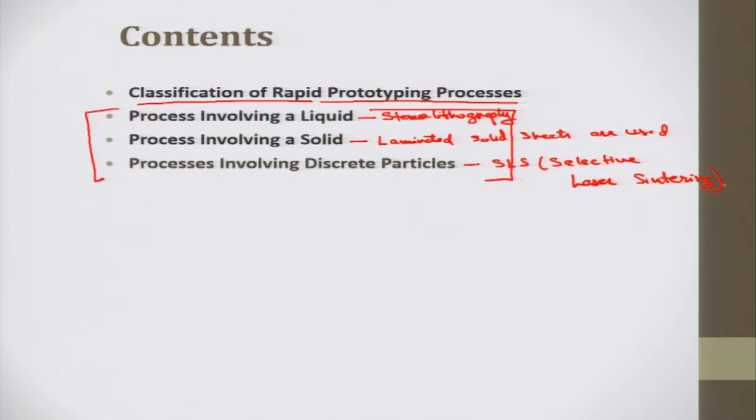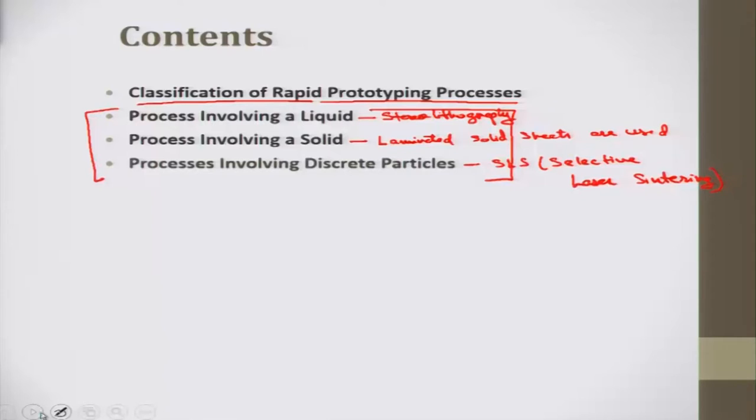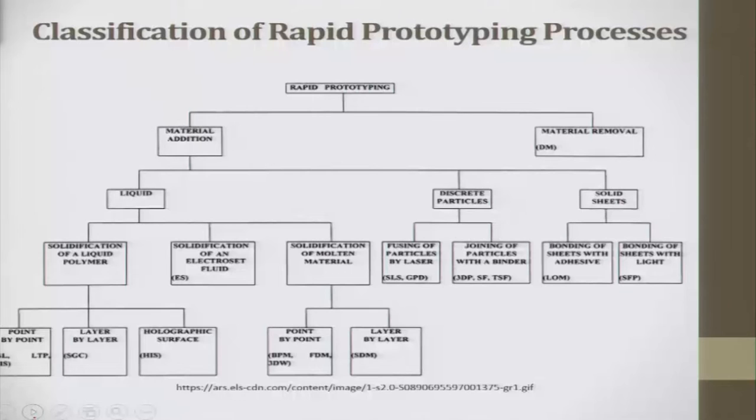However, we will not limit our scope of discussion to these processes only. We will also try to cover the other processes which are there in the market. So, I will start with my classification.